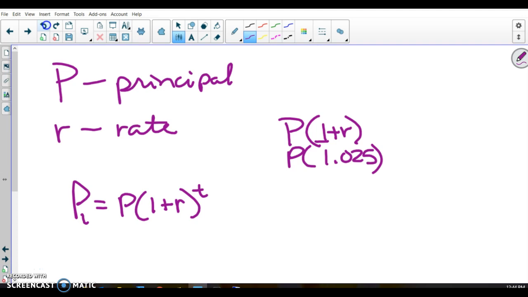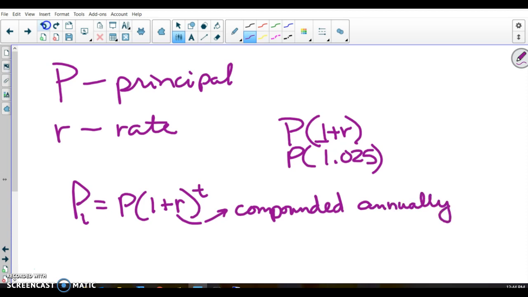When we see it this way, this is for compounded annually. Does everybody know what that means? Annually means once a year. So we know if we're compounding annually that we can use this formula.